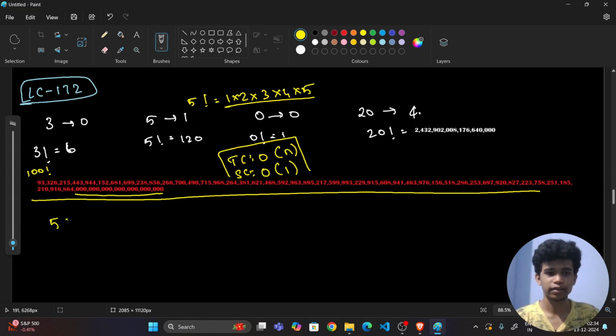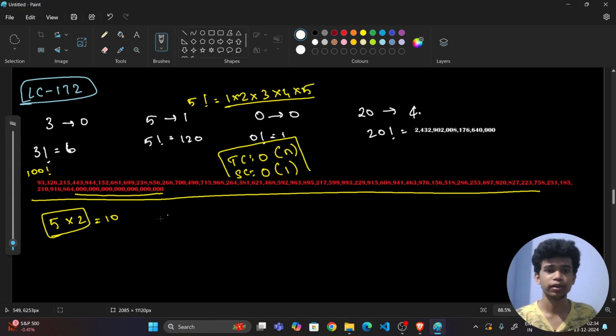The direct answer is 5 into 2 is equal to 10. Can you understand this? So this 5 and 2 are the reason why we are getting a trailing 0. If I have the count of 5s and 2s, then I can say how many trailing zeros are there. So it is a direct approach.